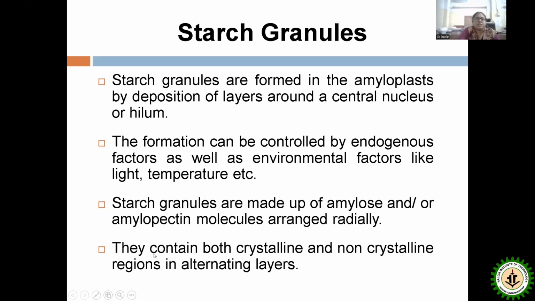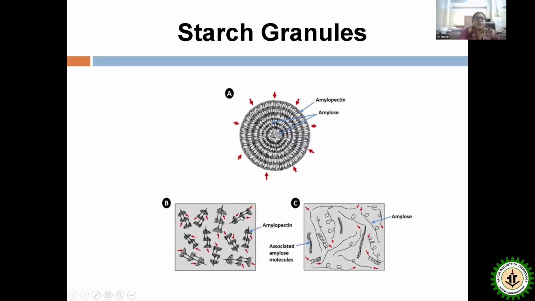So, the starch granules contain both crystalline as well as non-crystalline regions in alternating layers. The crystalline region is due to amylopectin molecule, and the non-crystalline region is mainly due to amylose molecule.